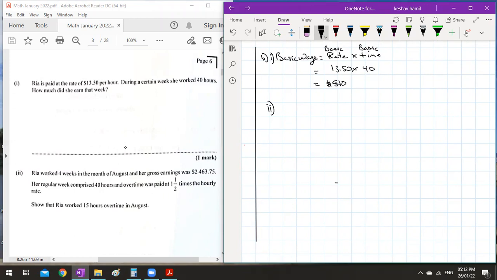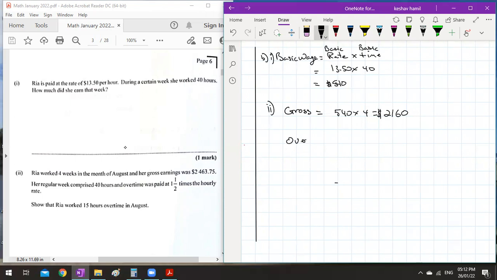Now, her gross wage, right, would be the weekly wage, which is $540 by the 4 weeks, which is $2,160.